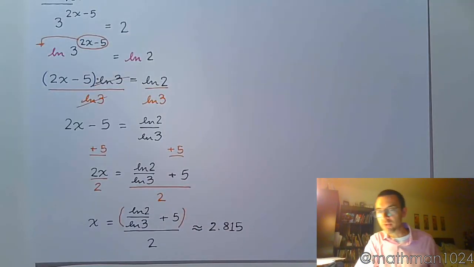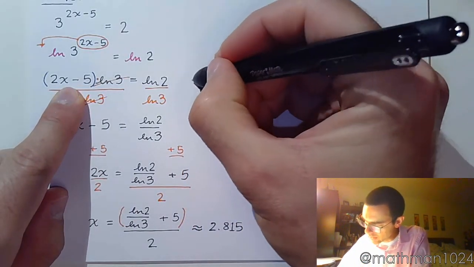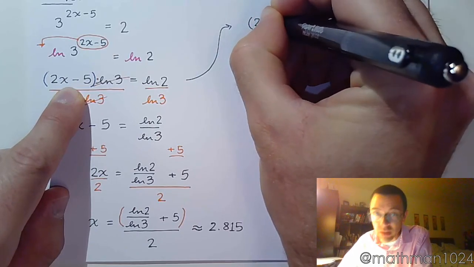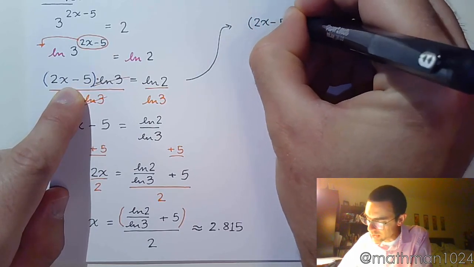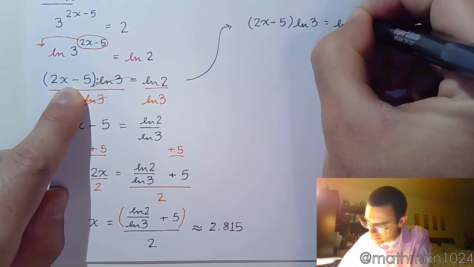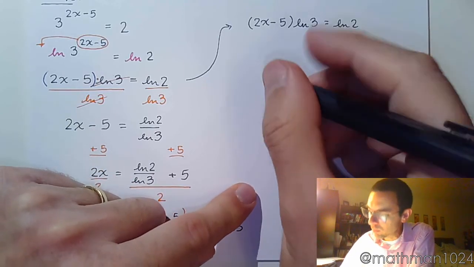Now, there is another way for working this. So right here, let's kind of rewrite this over here and see what we have. And this is going to be useful for the next few problems that we look at. Suppose that we had distributed that natural log of 3 instead of dividing it.